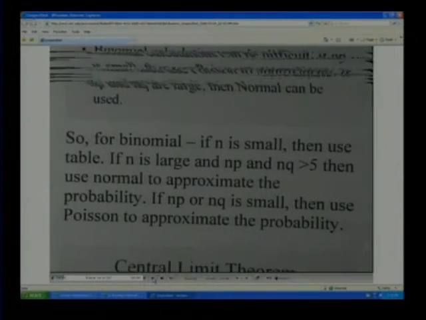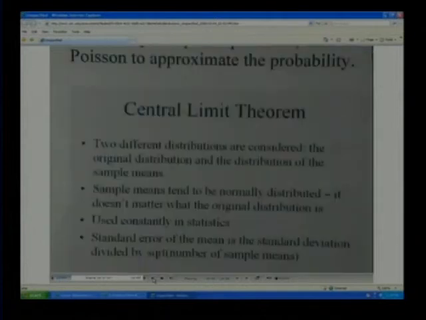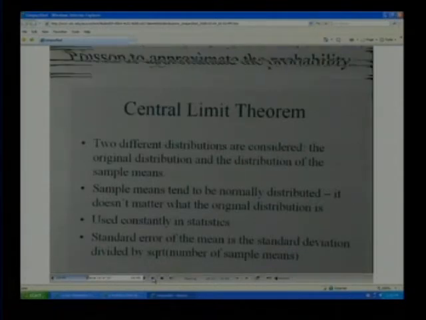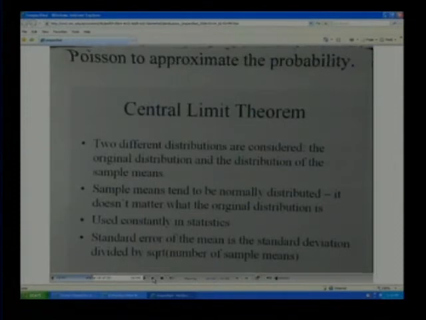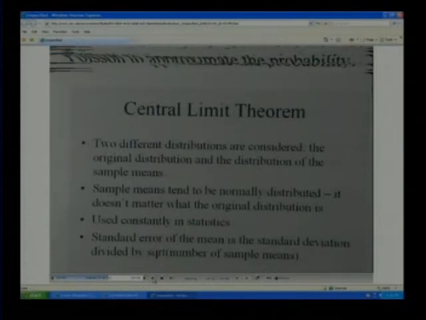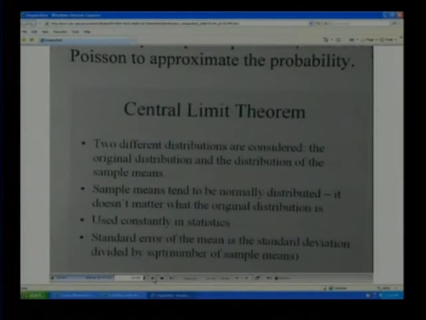Now, very important, the central limit theorem. Two different distributions are considered here: the original distribution and the distribution of the sample means. The sample means tend to be normally distributed. So I've got a box of numbers here. I draw out 6 of those and calculate a mean. I draw another 6 and calculate a mean. I draw out another 6 and calculate a mean.